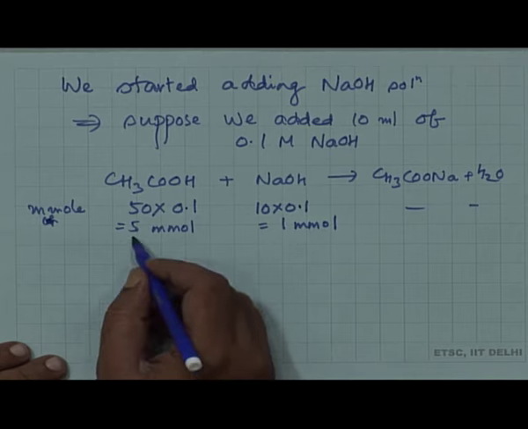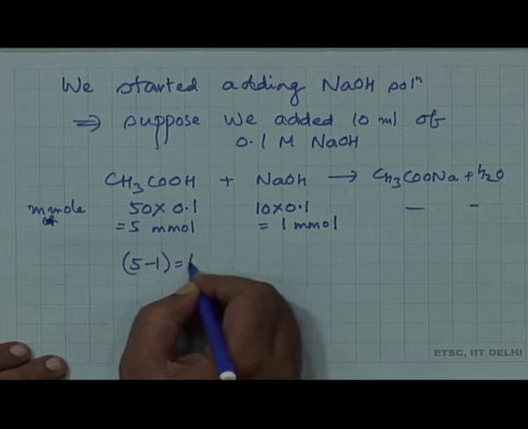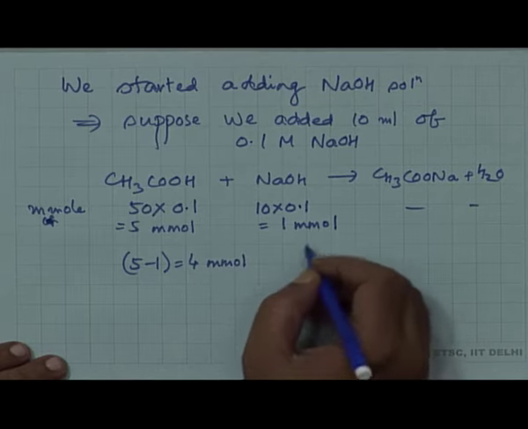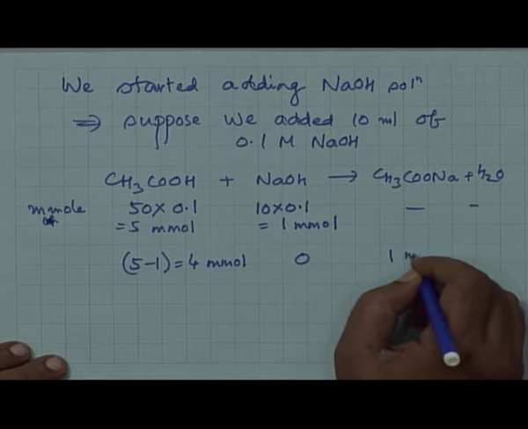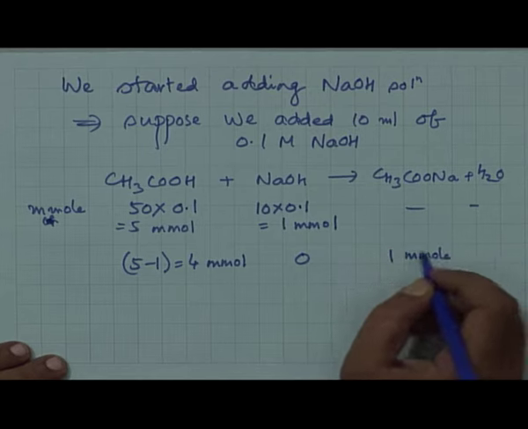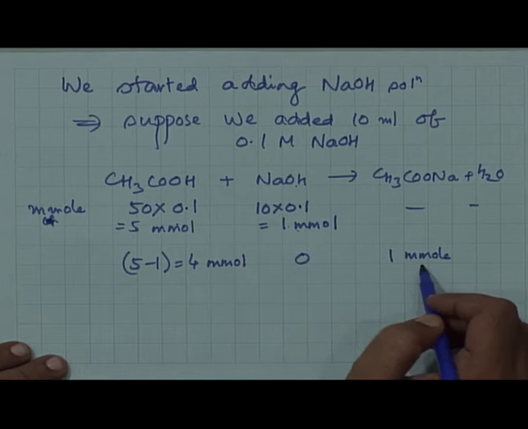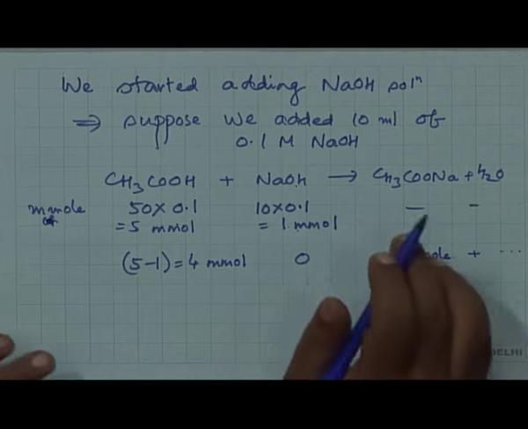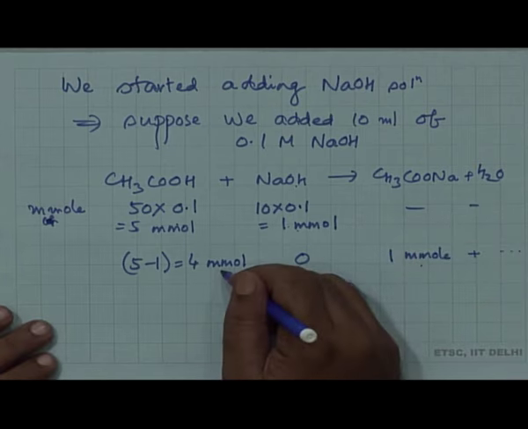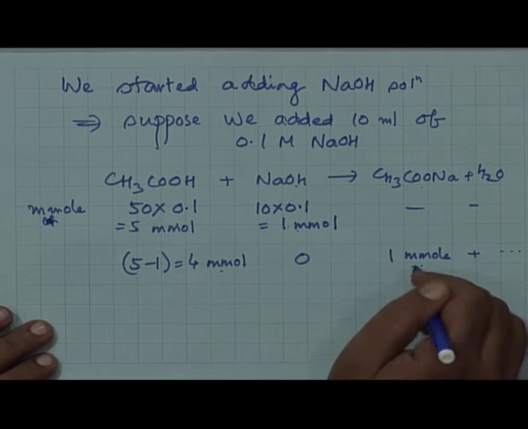So, you will get 5 minus 1, that is 4 millimole, NaOH goes to 0, and how much salt is formed? 1 millimole. All of the NaOH will react with acetic acid to give 1 millimole of sodium acetate. So, in the solution you have 4 millimole of acetic acid and 1 millimole of sodium acetate.